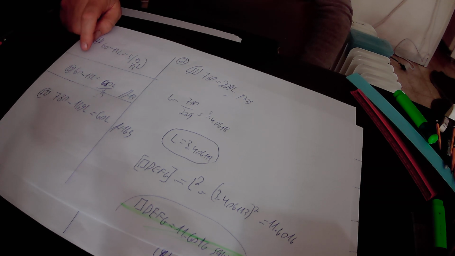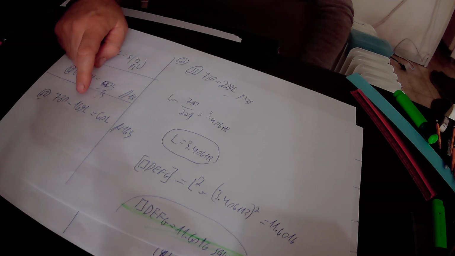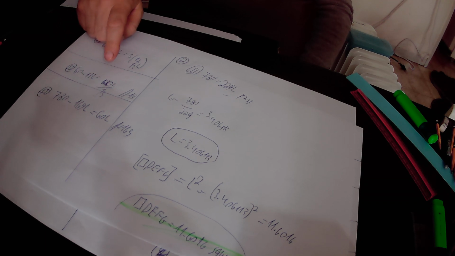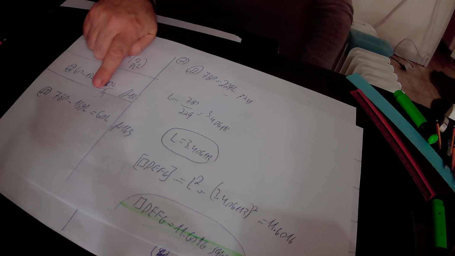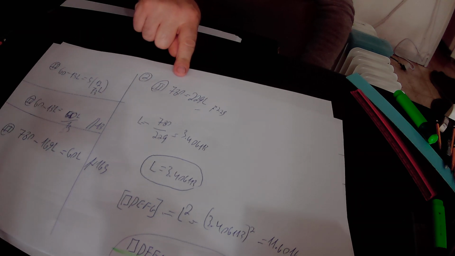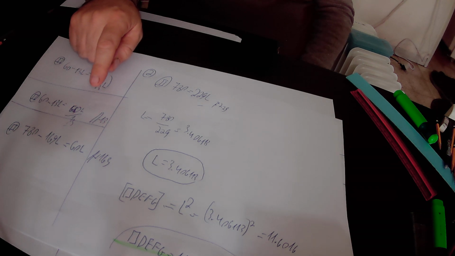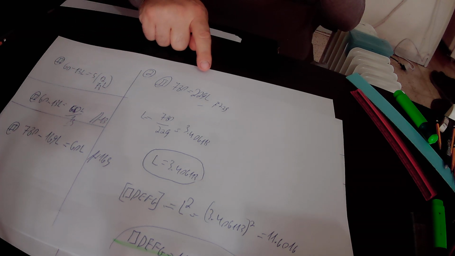Here we multiply this equation 2 by 13, and found that 780 minus 169L equals 60L. So here we added 169L to this equation, and found that 780 equals 169L plus 60L, which equals 229L.